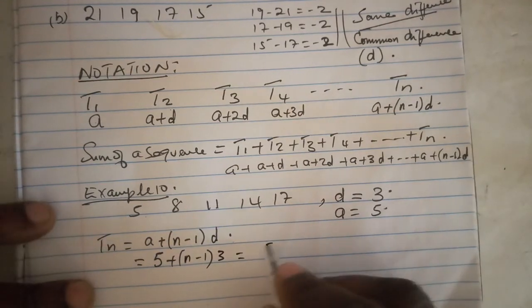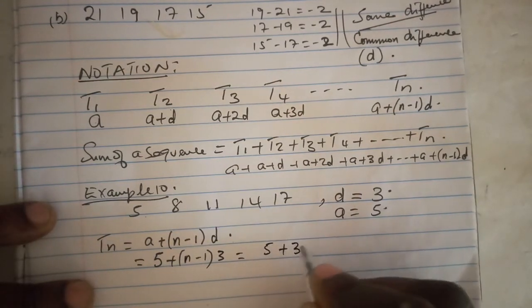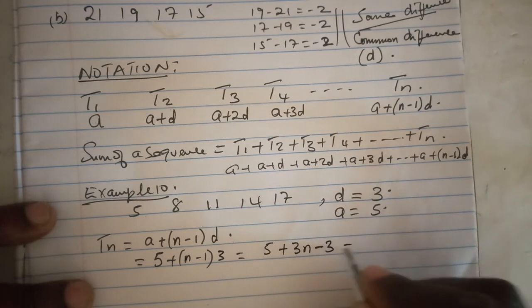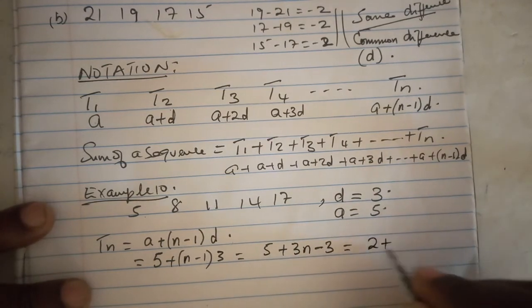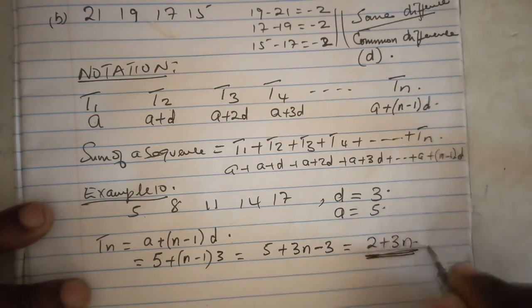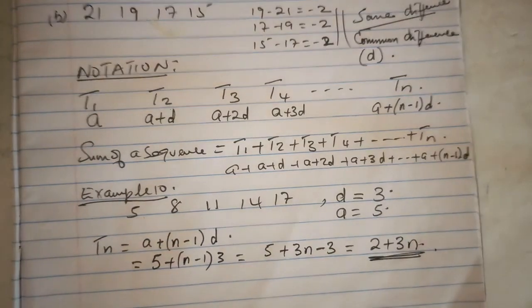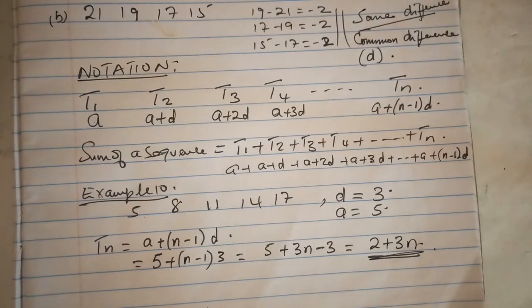And this one is 5 plus 3n minus 3, which is 2 plus 3n. And that is the formula for getting term n, 3n plus 2.